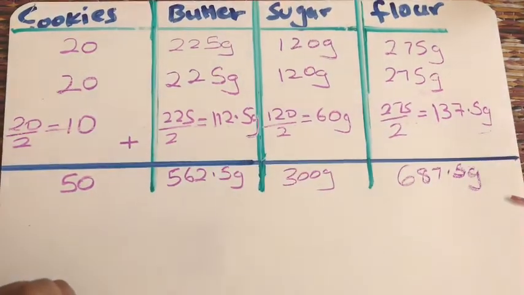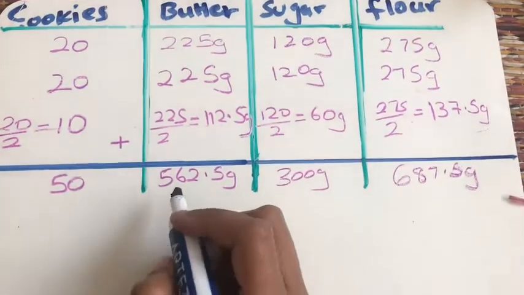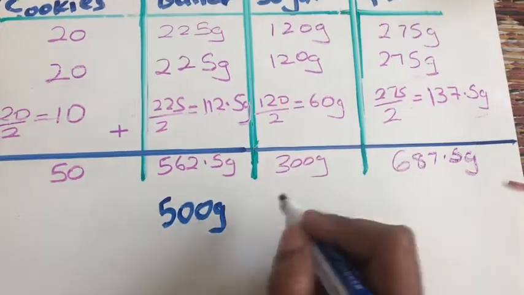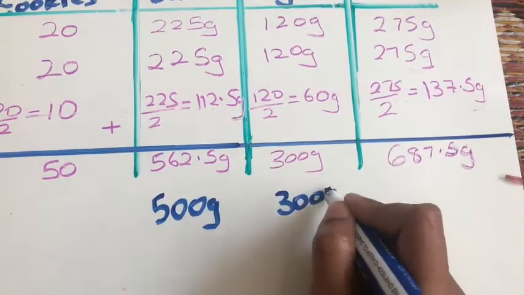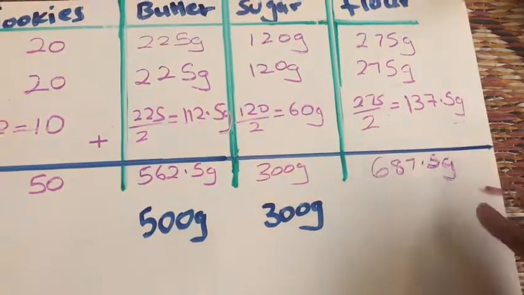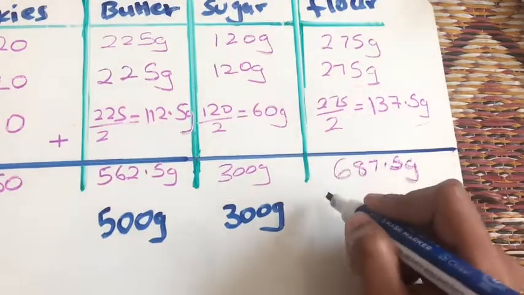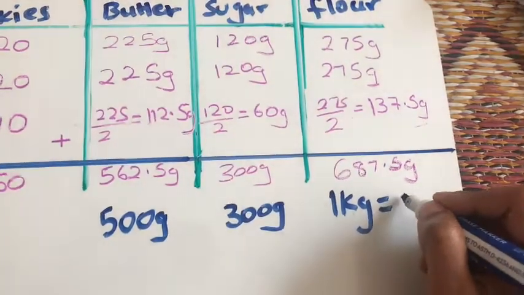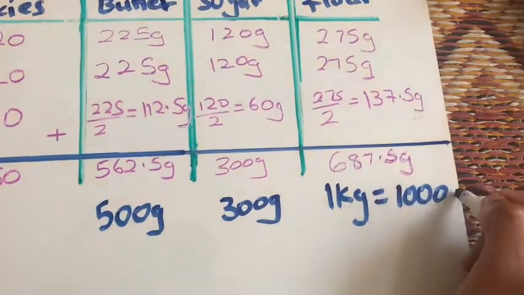Liz already has some ingredients in her kitchen. She has 500 grams of butter, 300 grams of sugar, and 1 kilogram, which equals 1000 grams.